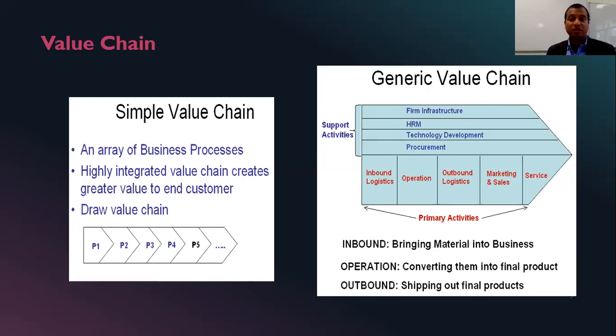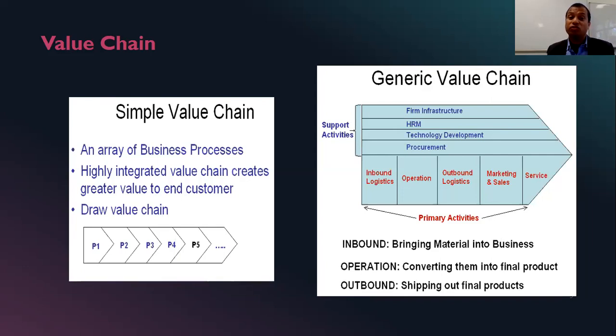Depending on the nature of your product and services, or the industry you're working in, the chain of business processes may vary. So the value chain is simply a chain of business processes. That means if you note down the different processes involved in your firm, that combined will give you the value chain of your firm.